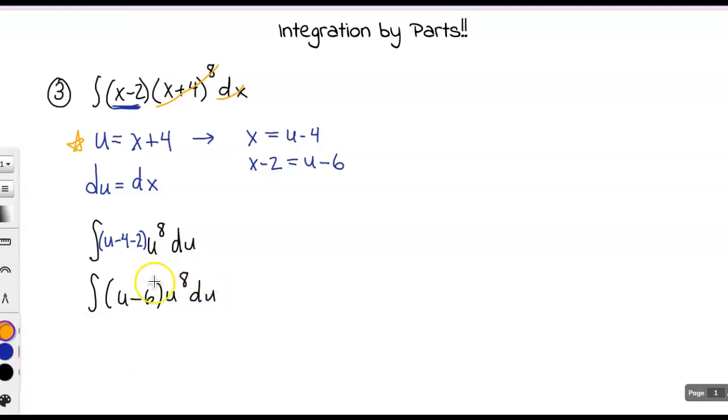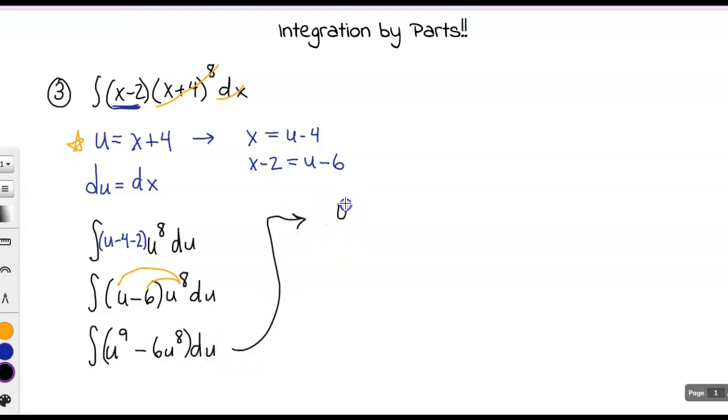Then you can just distribute this, and now it's a nice, easy integral. This is u to the 9th minus 6u to the 8th du. Then I can integrate that. That would be u to the 10th over 10 minus 6 u to the 9th over 9 plus c.